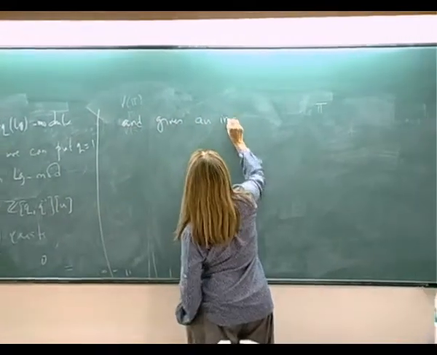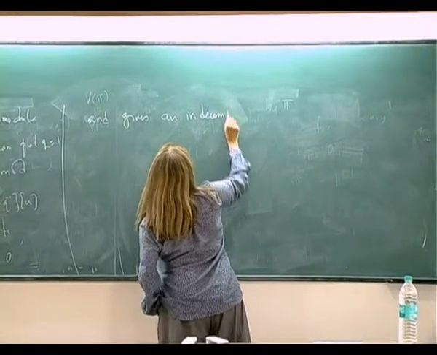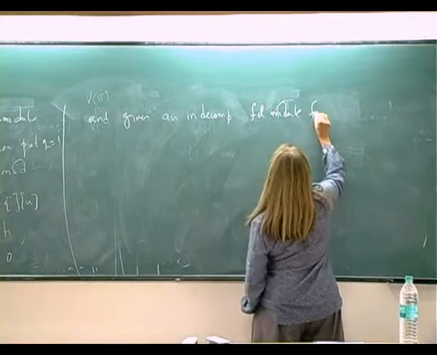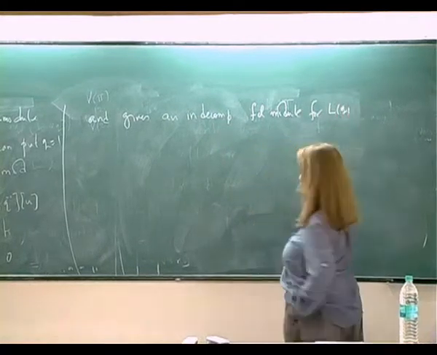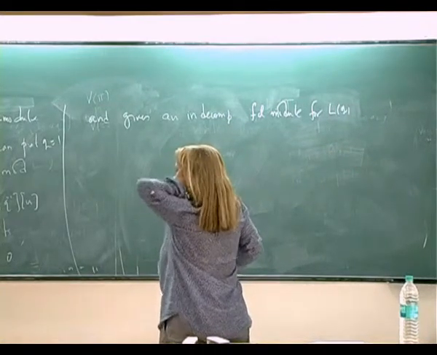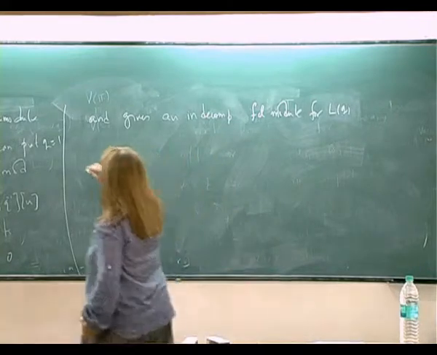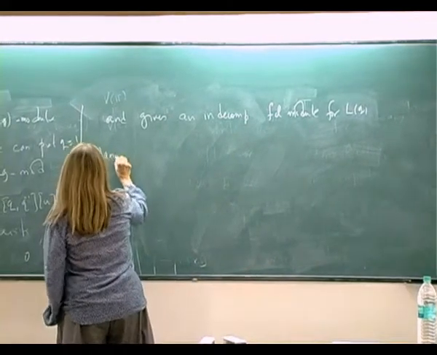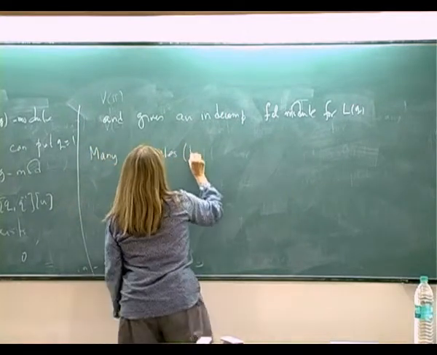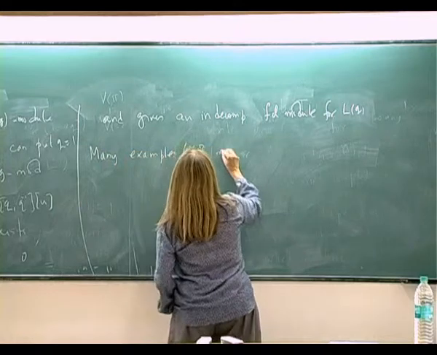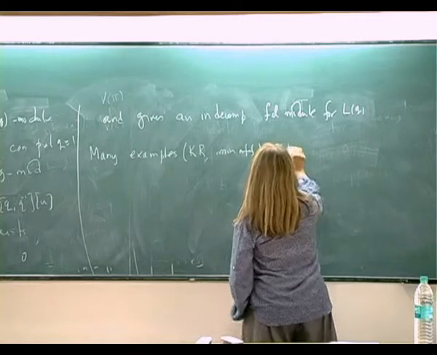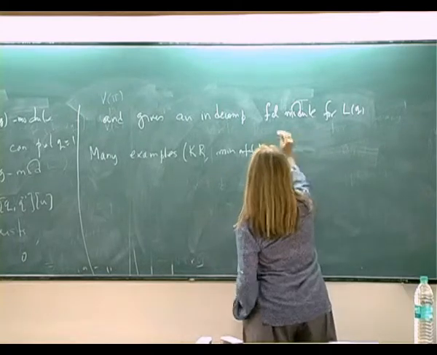And we get an indecomposable finite dimensional module for LG. And there is another critical thing. Many of these examples of modules, like these Kirillov-Reshetikhin modules, that's why I've been telling you about them, minimal affinizations, and so on, specialize, so I can take the q equal to 1 limit.